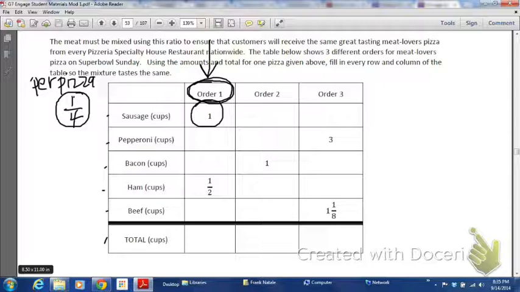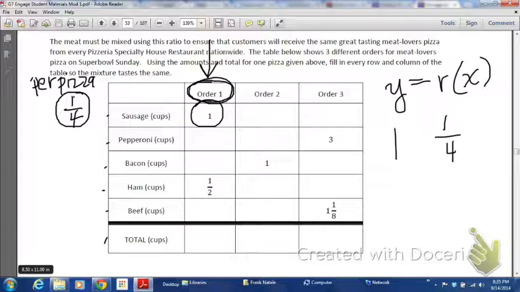Okay, so if we look at y equals, and again I know this is probably pretty easy for some of you, it's r times x, and our rate is 1/4, and we have our 1 cup of sausage equals 1/4 times what number?